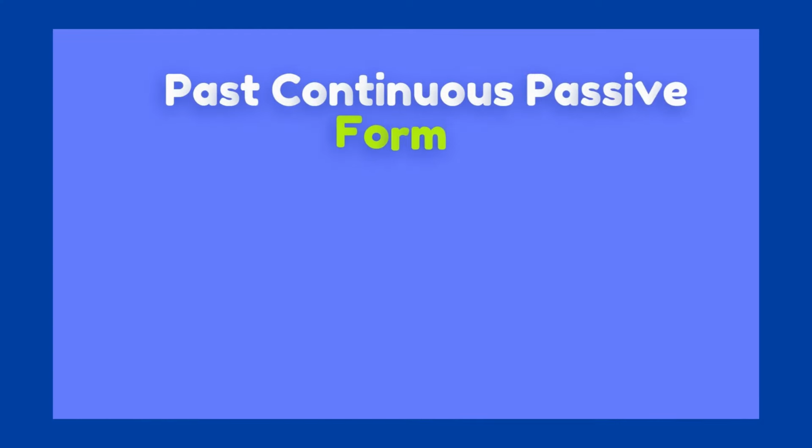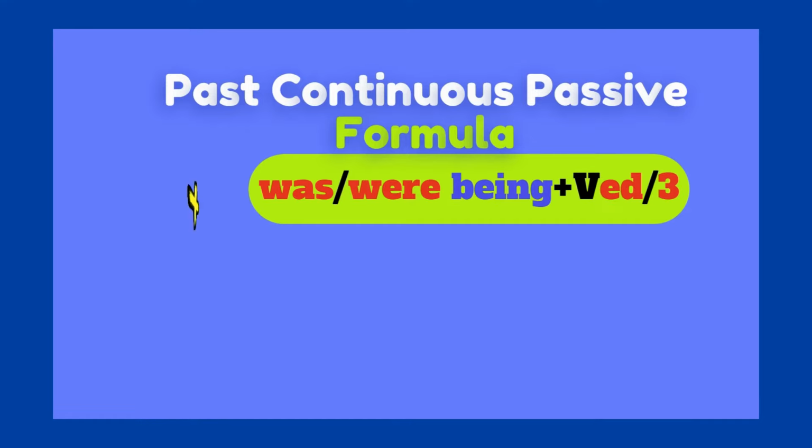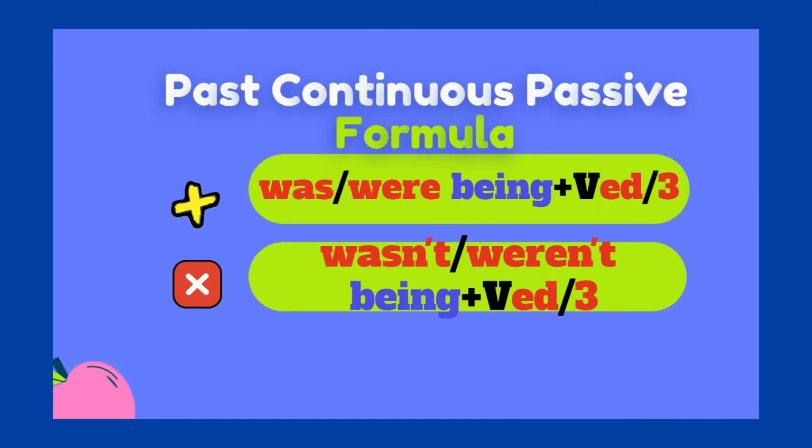Past continuous passive. In affirmative sentences we use was, were, then being, plus the verb with the ending ed or the third form of the irregular verbs. In negative sentences we use wasn't, weren't, then being, plus the verb with the ending ed or the third form of the irregular verbs.